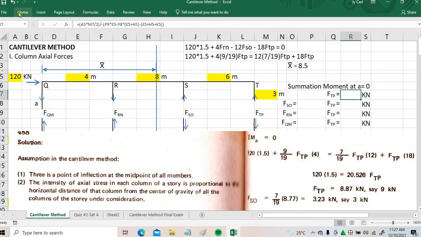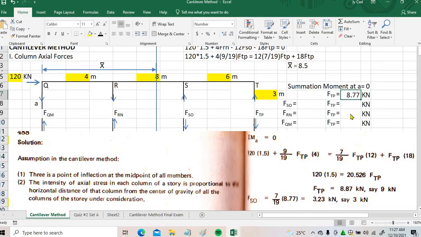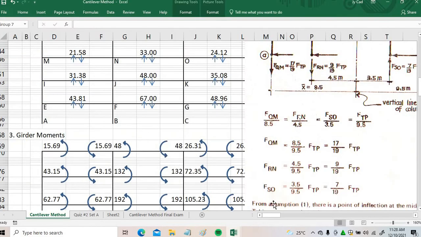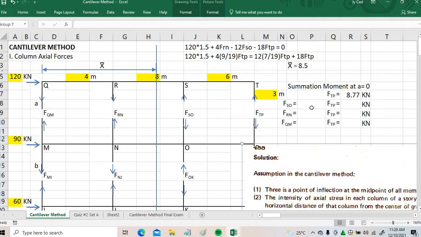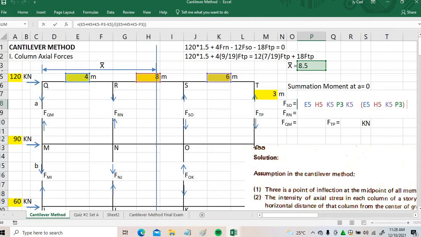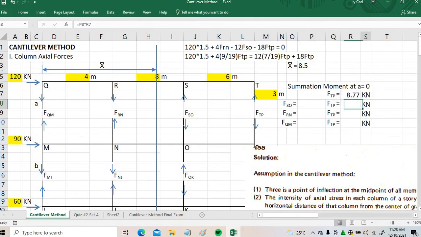Now, let's check. Yan. 8.87, but 8.77. And then, FSO is equal to 7 all over 19 times FTP. But nasolve na natin si FTP, di ba? So, FSO is equal to 7 all over 19 times FTP.